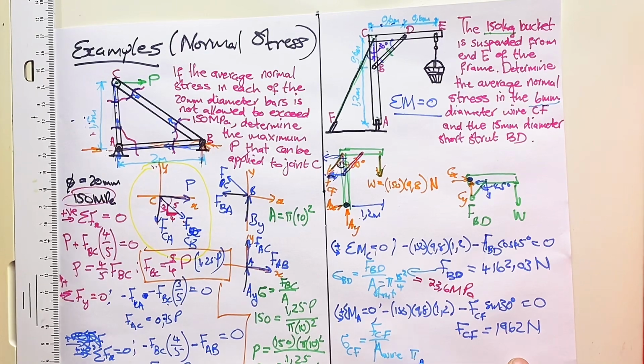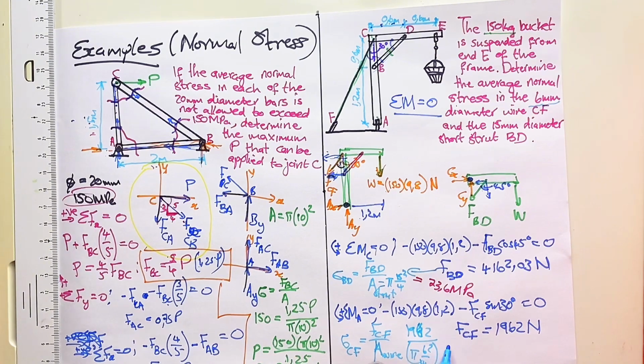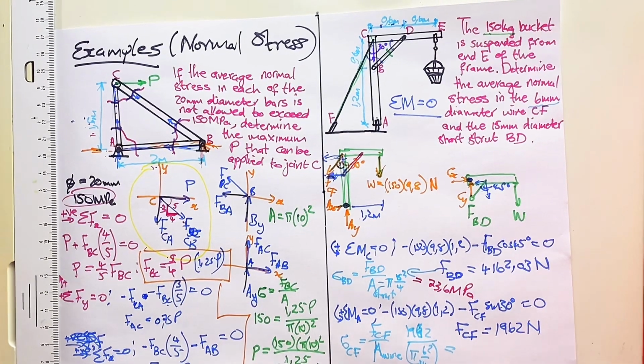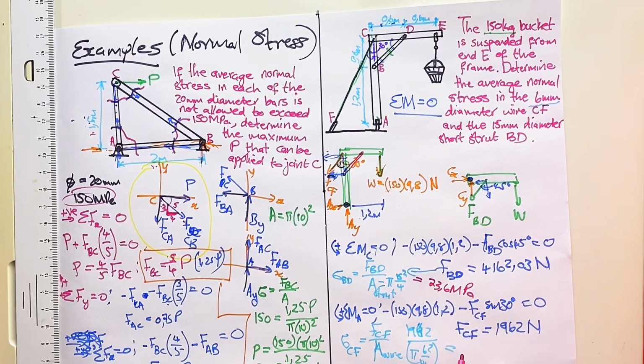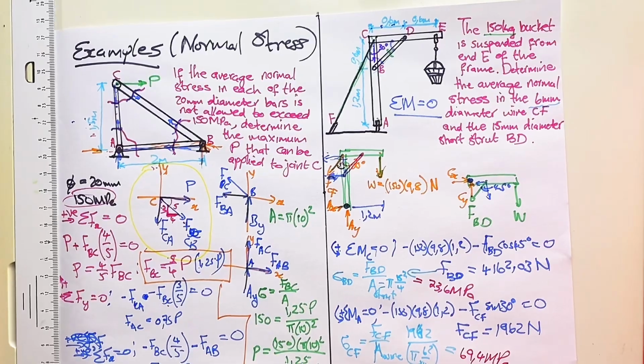So our area will be pi 6 squared over 4. Now for the FCF, you will enter 1962, and you'll find that our normal stress there is equal to 69.4 megapascals.